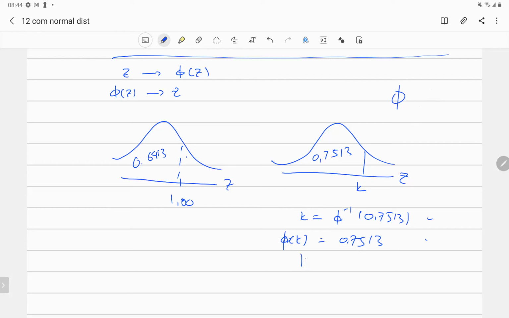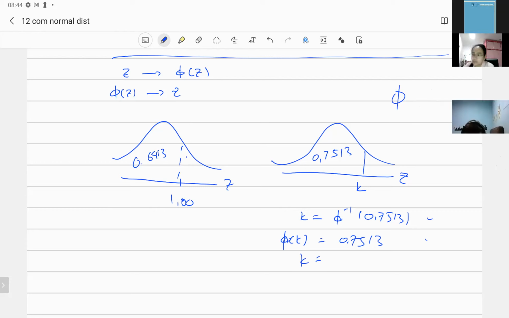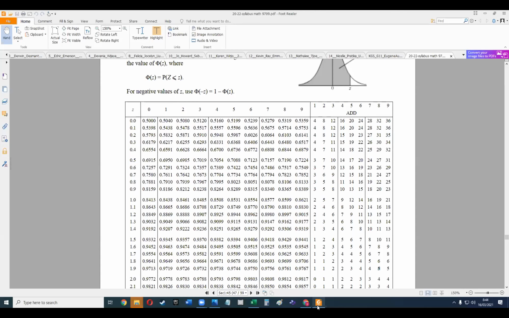And then you will read from the table. So from the table here, we're going to read the table. What is 7513? Read down here until you have 7580. Oh, this is too big. This is too small.